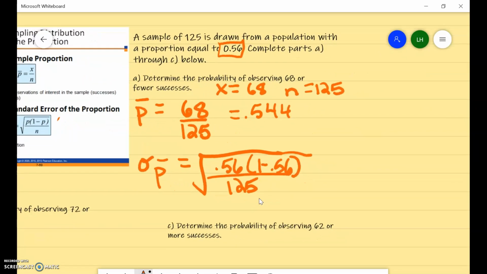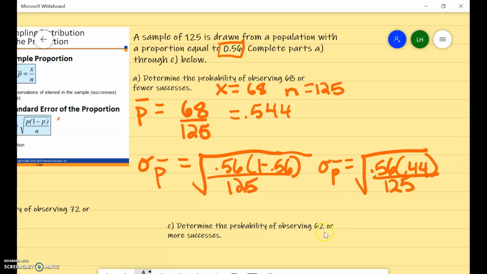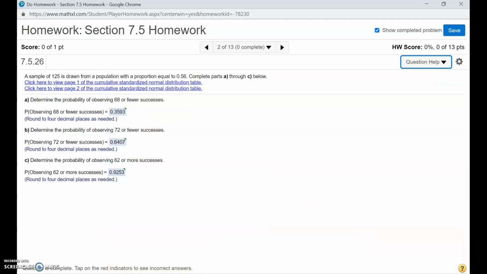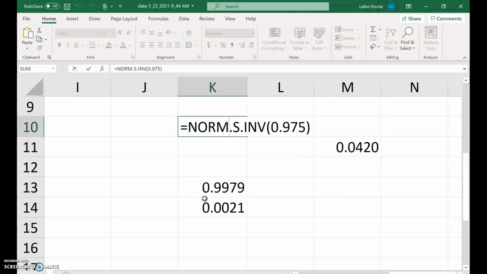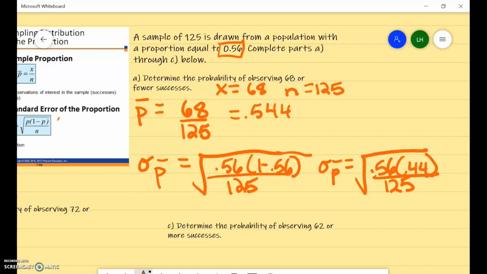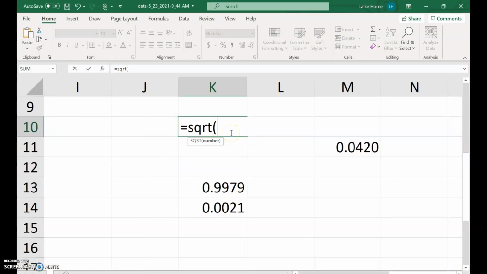So we're going to do the standard error is equal to the square root of 0.56 times 0.44 divided by 125. So let's just put that in. The square root of 0.56 times 0.44.